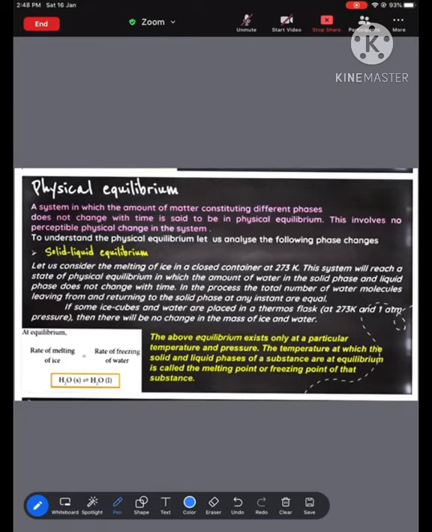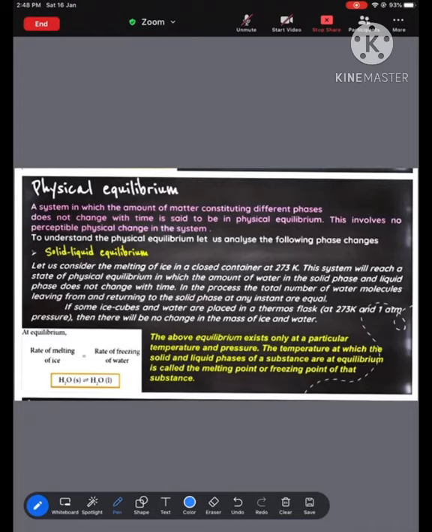This system will reach a state of physical equilibrium in which the amount of water in the solid phase and the liquid phase does not change with time. When the state of equilibrium is there, the concentration of water in the solid phase, ice, and the liquid phase does not change with time.